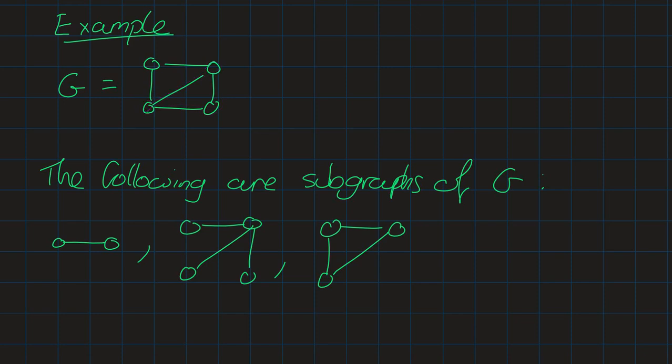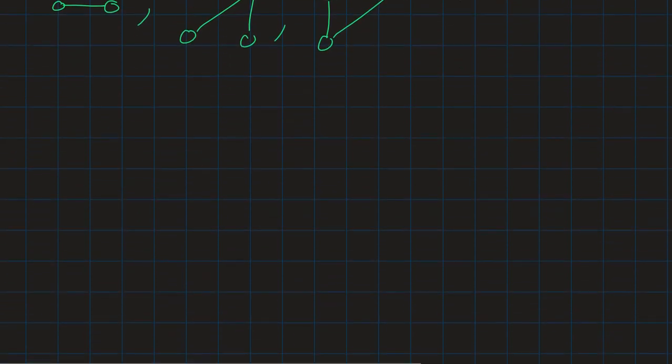So let's do another example, maybe a slightly harder example. Let's consider G equals K2,3, which is a fancy way of saying this graph right here.